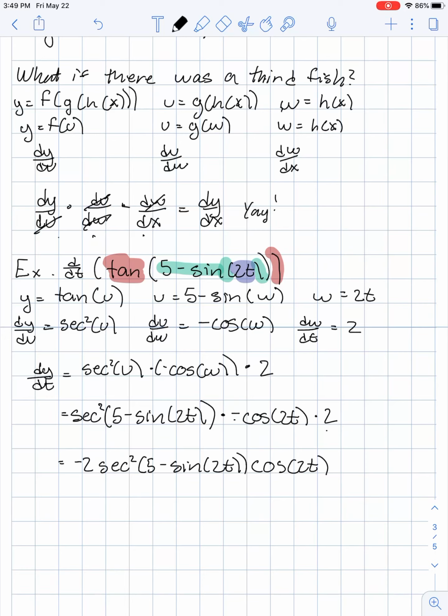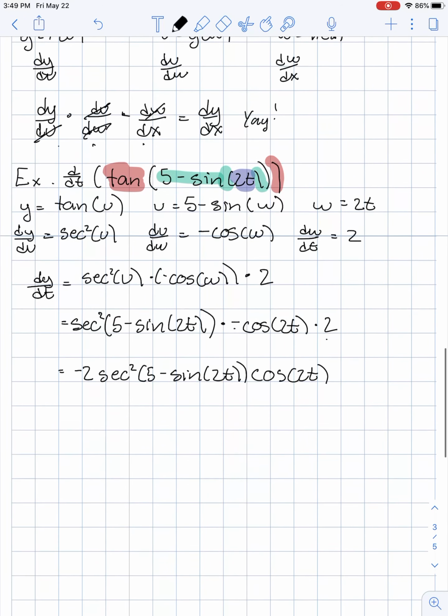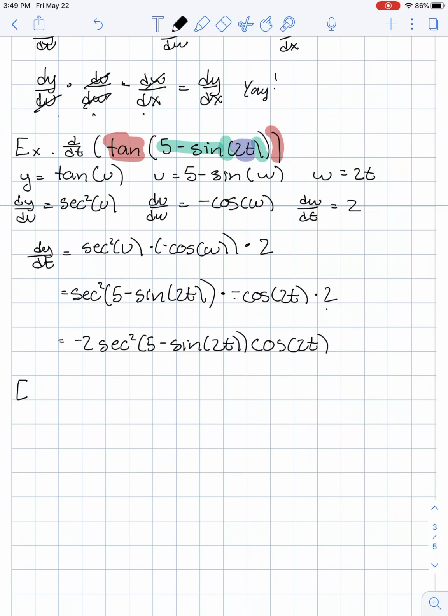Alrighty, so I want to do a few examples from the textbook because I want to show you, I think these three are really good examples.